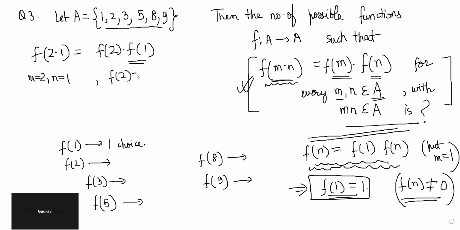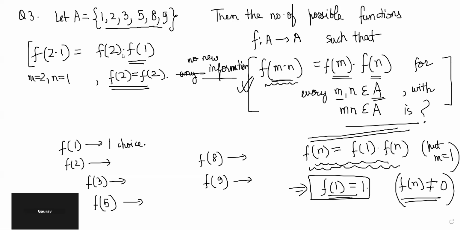So we are getting f of 2 is equal to f of 2. Basically, we are not getting any new information.